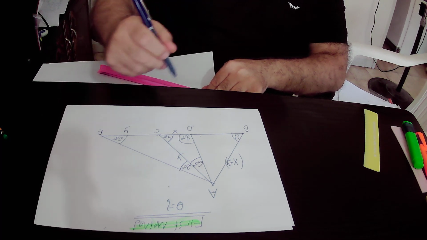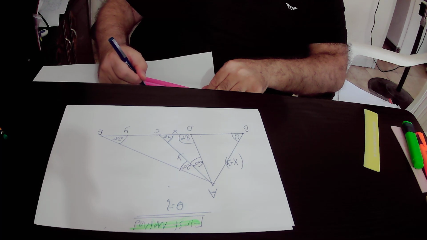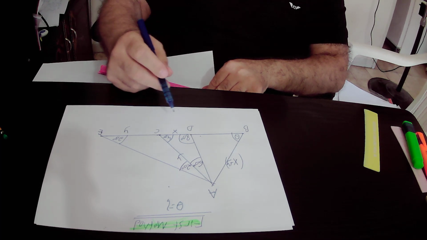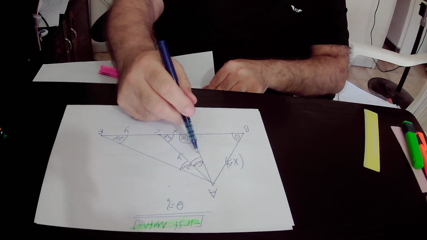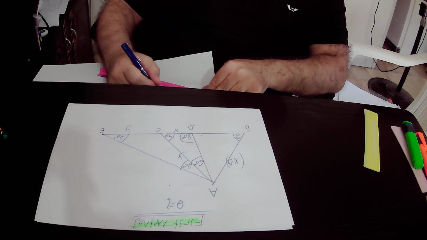Angle ADE equals 80 degrees, and here this angle DAE equals 60 degrees plus 20 degrees, it is 80 degrees.